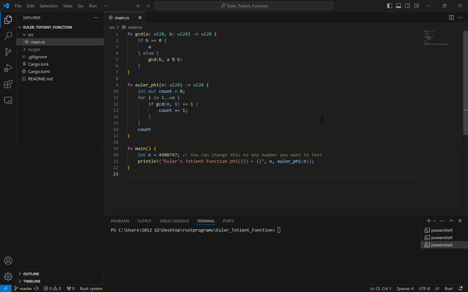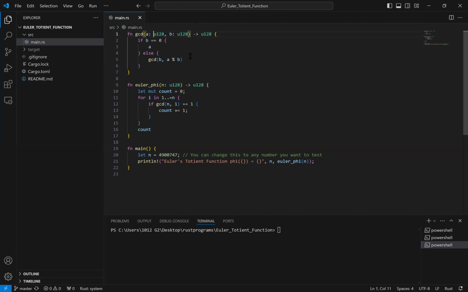Okay. So it has begun with a function GCD, and I've just defined the numbers a and b to be u128. That means 128 bits, and we are talking of only positive numbers. That is why I have u there.